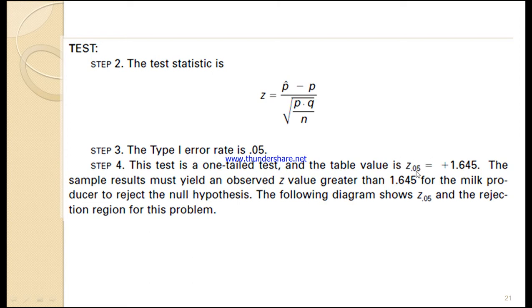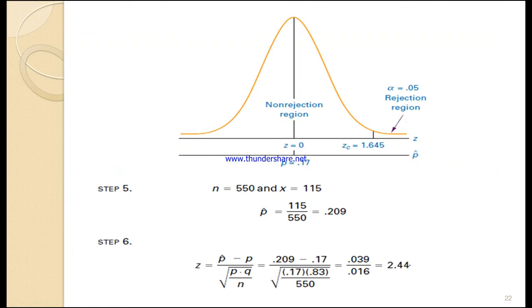When we look at this probability in the Z distribution, that value will be 1.645. The sample result must yield an observed Z value greater than this amount, 1.645, for the milk producer to reject the null hypothesis. In a diagram, we can show the rejection and the non-rejection region of this problem as follows.